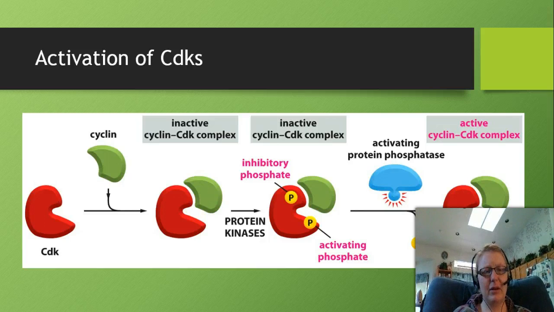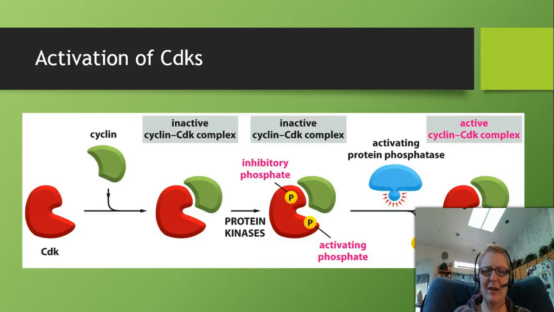So once these two come together, they form the cyclin CDK complex. Now, they're not active yet. This complex has to be phosphorylated. When it first gets phosphorylated by a protein kinase, there's 3 phosphates that are put onto the CDK. There's an activating phosphate, but there's 2 inhibitory phosphates.